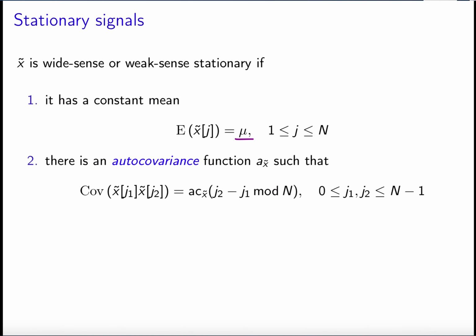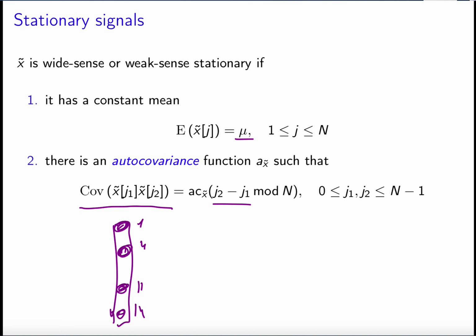And their covariance structure, so the covariance between the entries of the random vector x, only depends on the difference between the indices. Basically this means that if you have this vector, the covariance between the first and the fourth entries is exactly the same as between the 11th and the 14th entries.